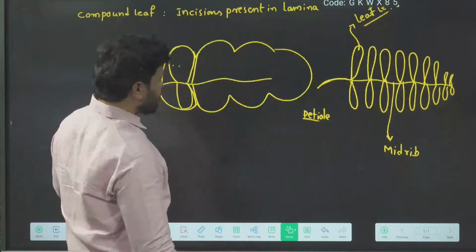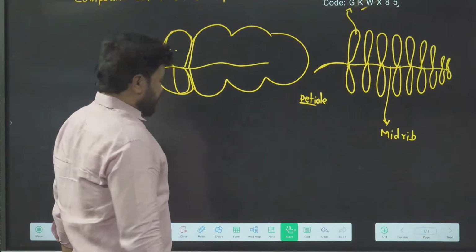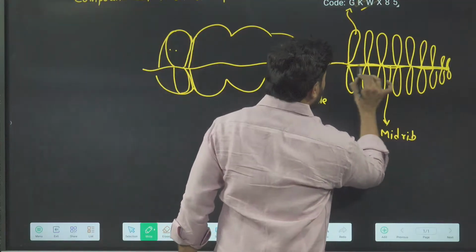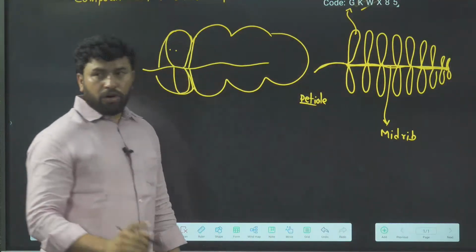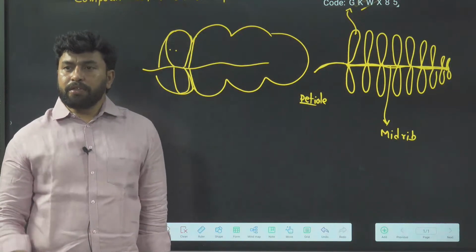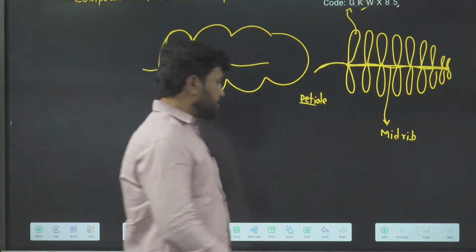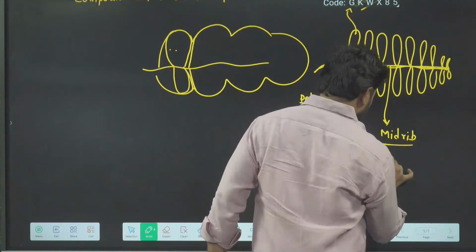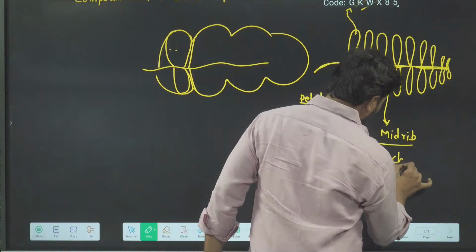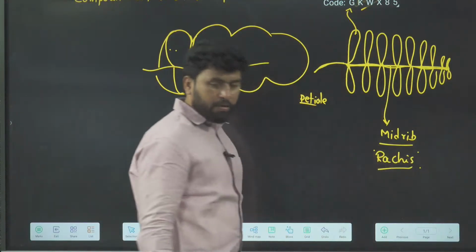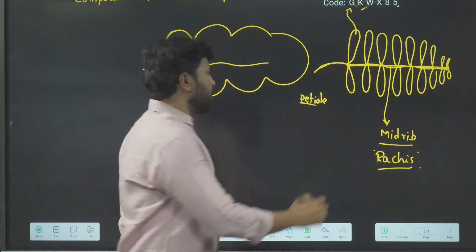Look at this. In this case, the midrib is long and strong and bears all the leaflets developed in that compound leaf. That midrib we call the rachis.